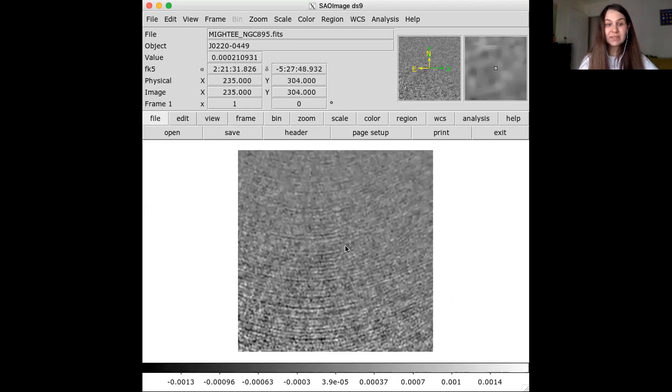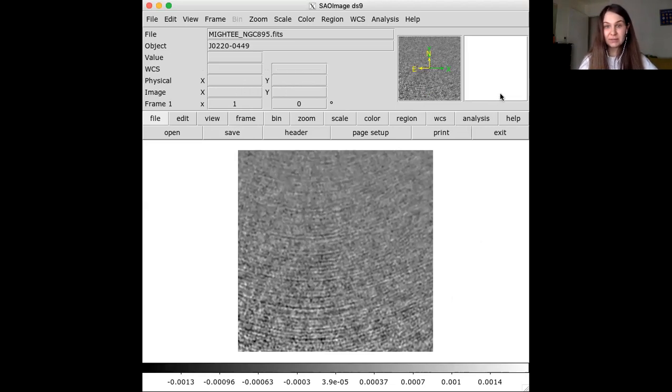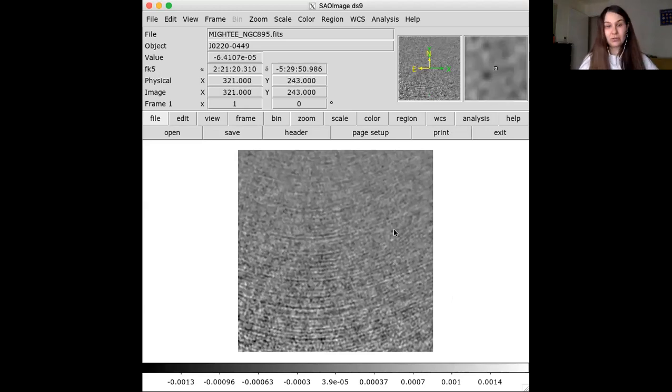Here we see an example of one channel map at this frequency in Hertz. And here is what we call noise. We don't see much emission, we see some structures, but it's pretty much homogeneous. In an ideal world, ideal noise should be homogeneous, like the white screen when a TV channel is not working.